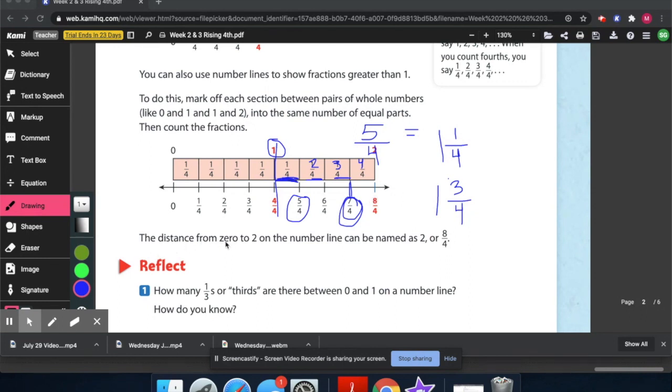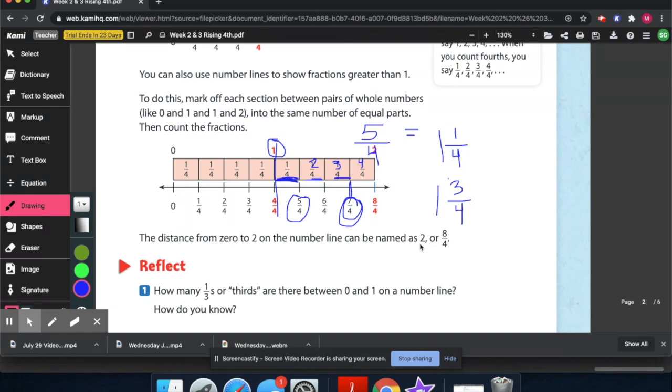The distance from 0 to 2 on the number line can be named as 2 or 8/4. This is what I was just saying. It is okay for now that you have your numerator larger than your denominator because we're practicing, like I just said, and they confirmed it once again.